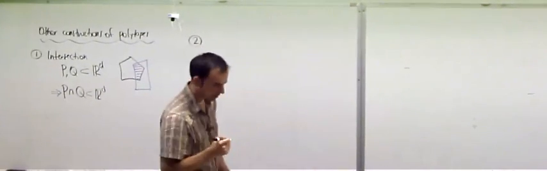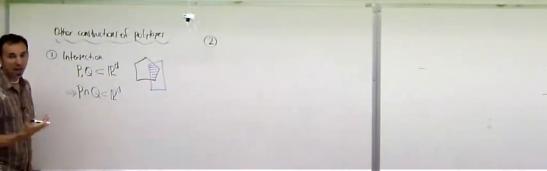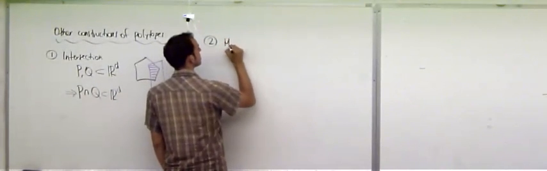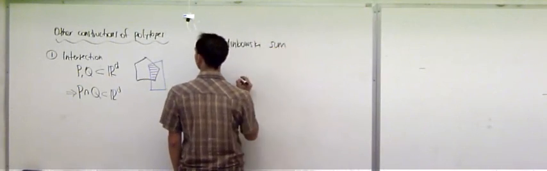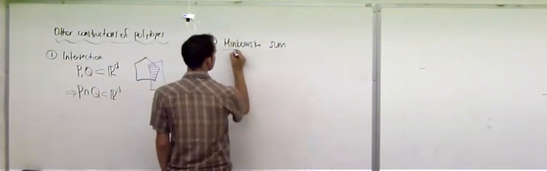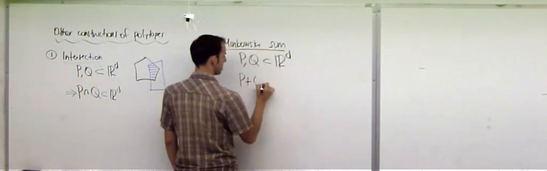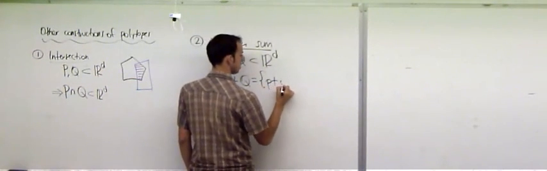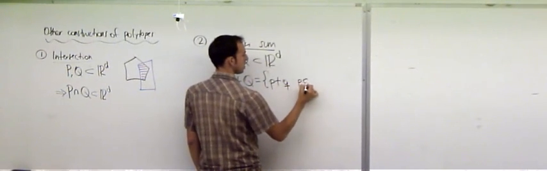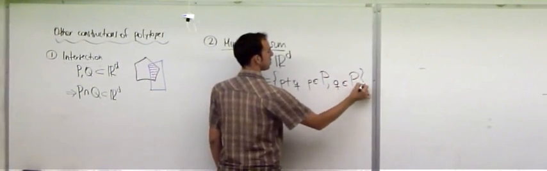Another construction that we can do is called the Minkowski sum. It's a way of adding polytopes. If you have two polytopes in the same space R^d, then we can form the Minkowski sum. This is the set of points of the form p plus q, such that p is in my first polytope and q is in my second polytope.